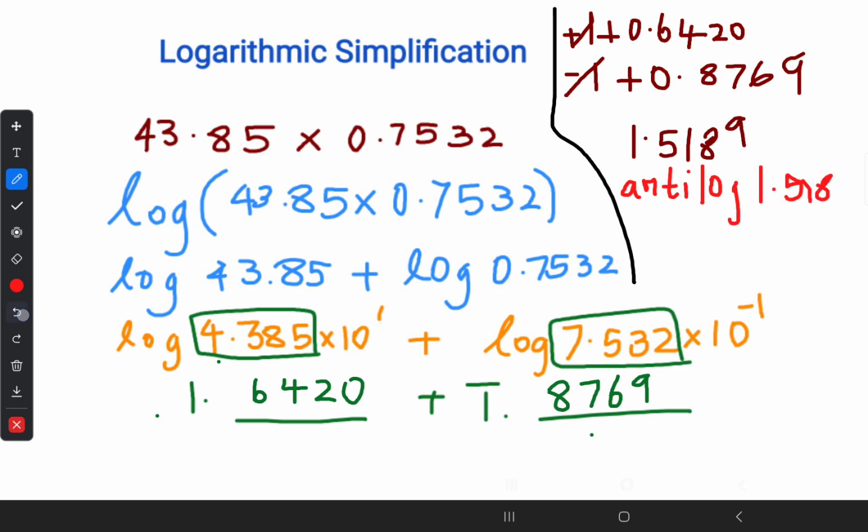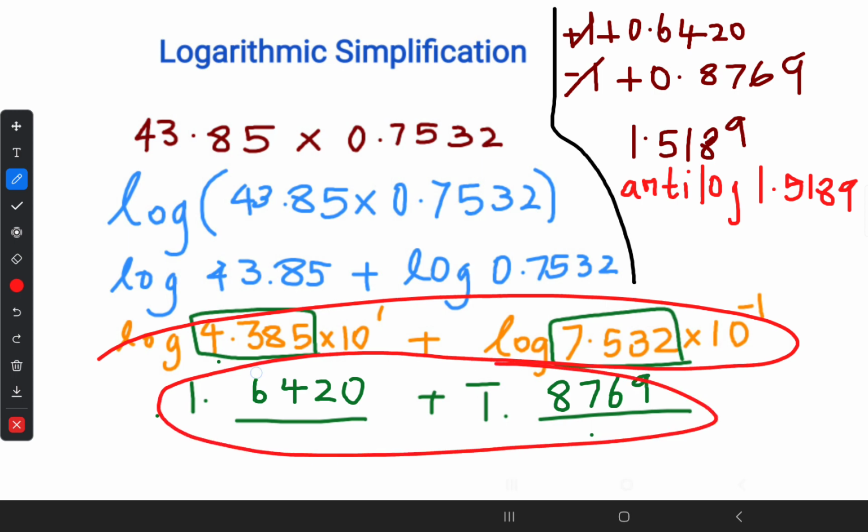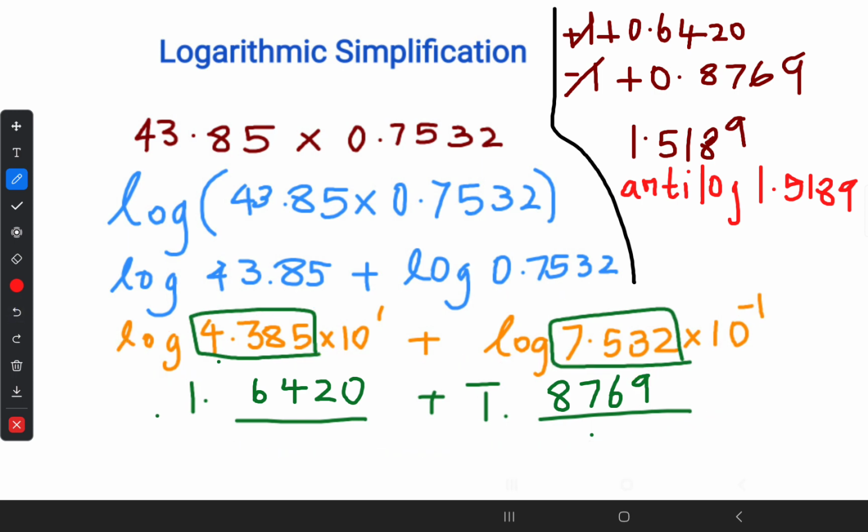1.5189. When you do the first question, it's a little difficult to understand. When we practice more than one question, it's really easy to understand. Here I will repeat it again. We used the logarithmic table to find the respective logarithmic values, then did the operation between whole numbers separately and decimal numbers separately.